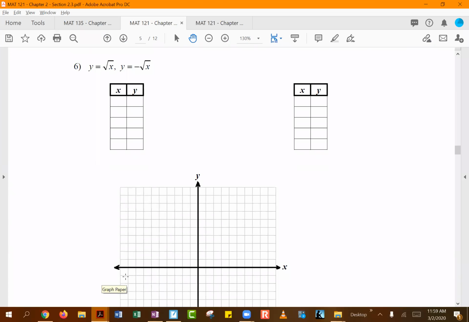All right, people, dazzle me with number 6. Let me see what you come up with. So it's the same square root of x function that we did in example 4. So you can go back and use those same table values for the first part and then do the negative square root of x for the second part.